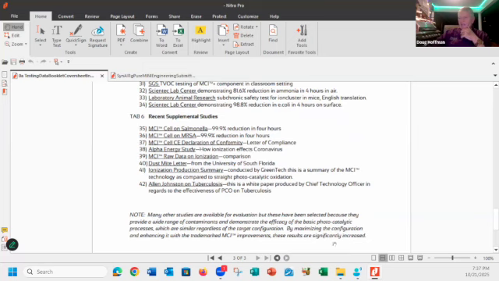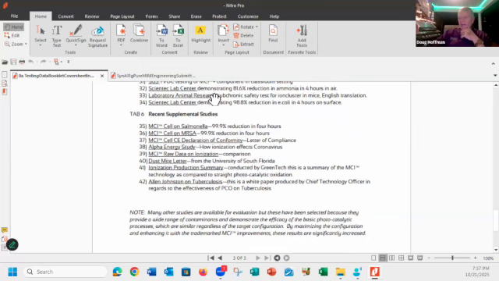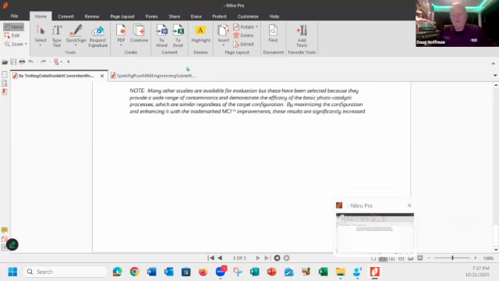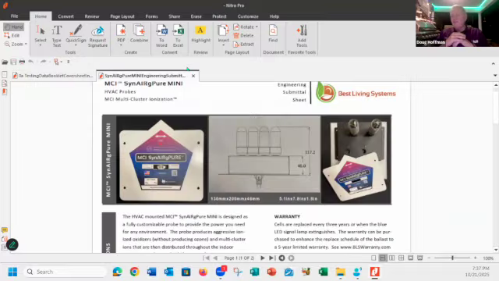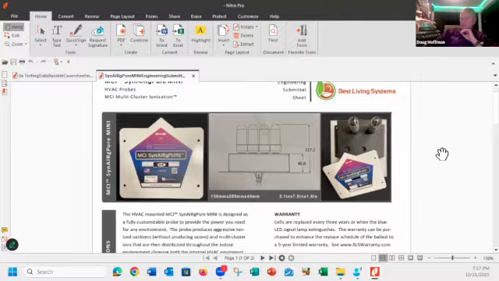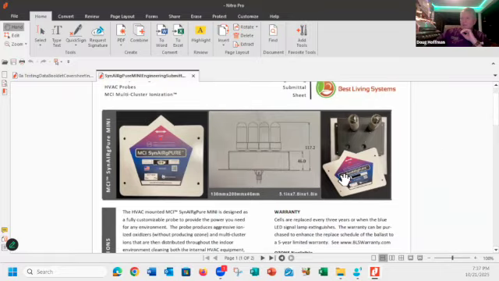Anyway, this is a lot of testing data that's out there. And I think what's really cool is that we've been able to show through regular clinical testing that this product really, really works. So this is one of the products that I wanted to talk about a little bit tonight, and that's the Mini. This is actually a product that can go into the HVAC system, into the supply side or the return side.